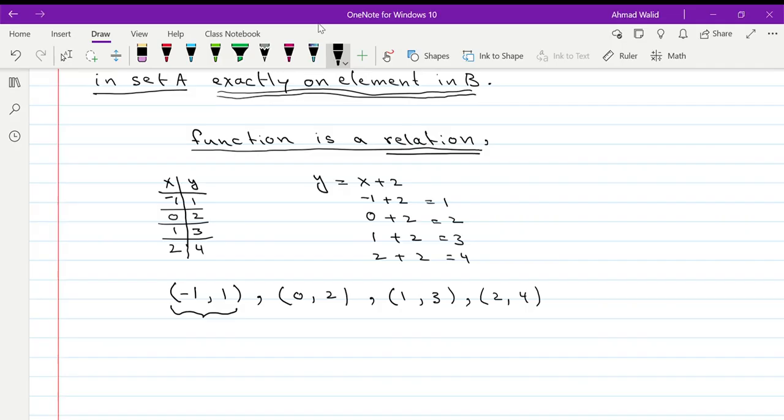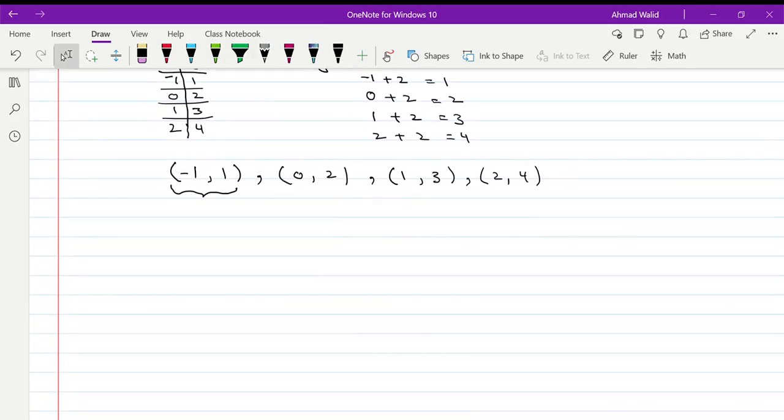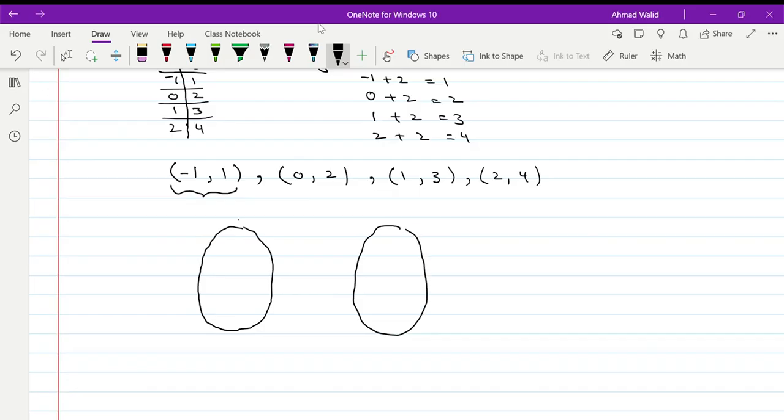Correct? Now, if I change this table and write all those values in two sets, for example, this, let's call it circle, is one set. This circle is another set.